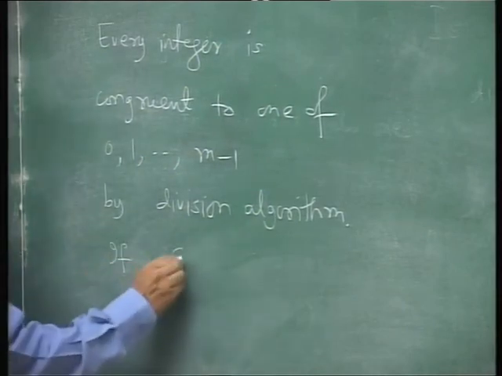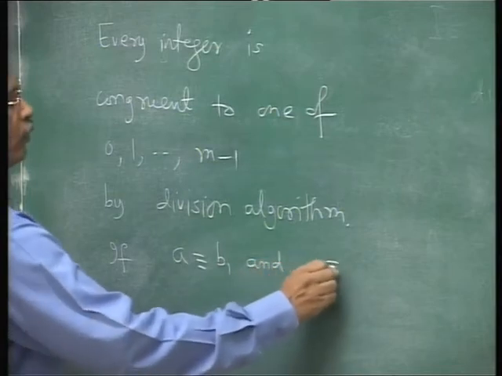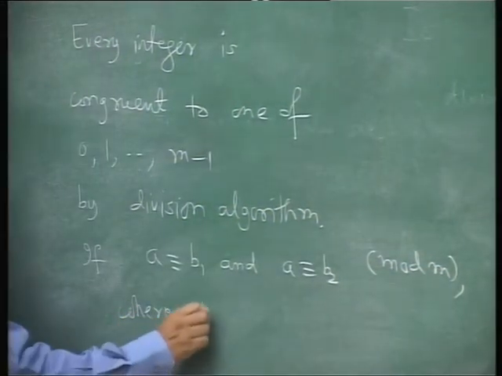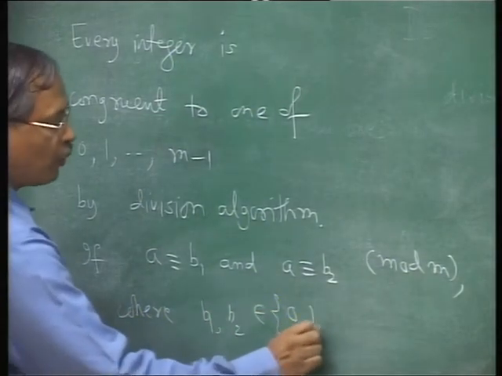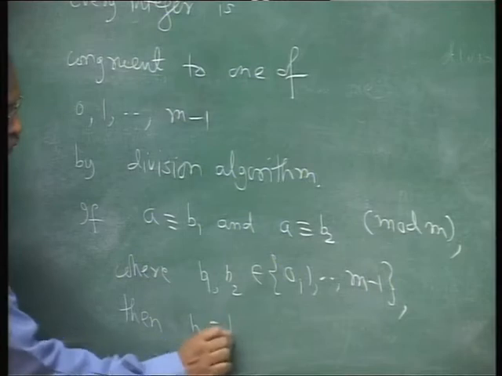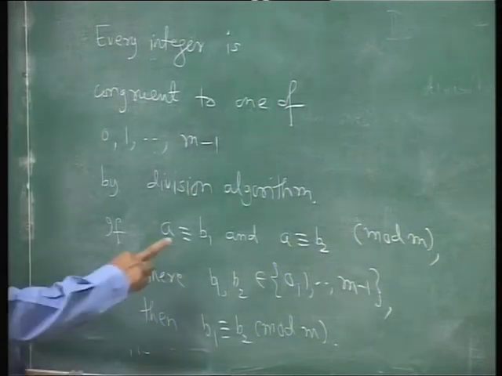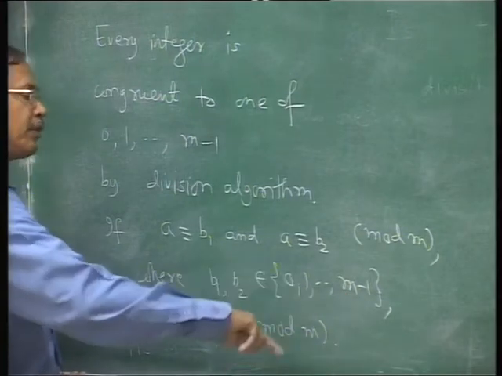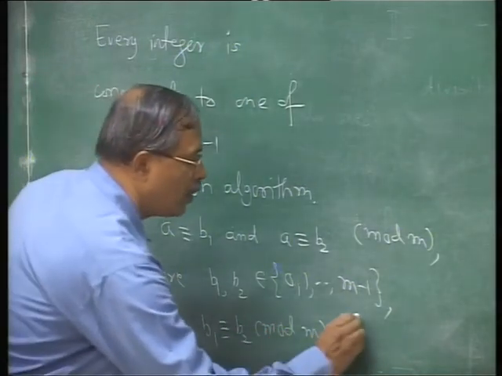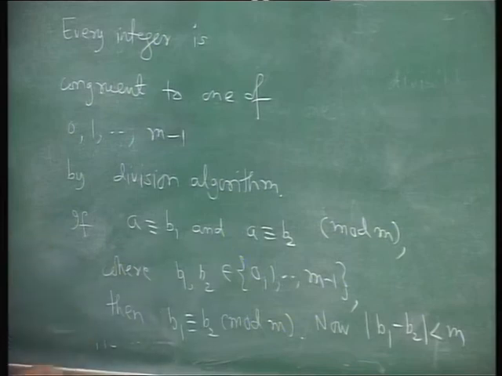If A is congruent to, let us say, B1 and A congruent to B2 mod M, where B1, B2 belong to the set 0, 1 etc. M minus 1, then this B1 is congruent to B2 mod M. But the difference between B1 and B2, two numbers from this set, in absolute value, mod of B1 minus B2, is less than M. Now mod of B1 minus B2 is less than M, and the difference is divisible by M, therefore this must be 0.